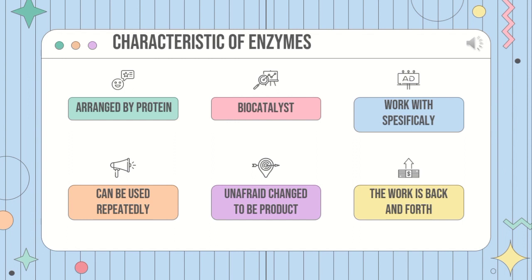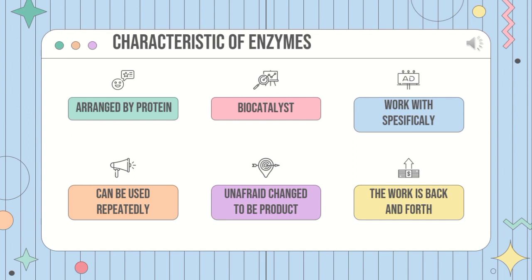Enzymes are specific: a specific enzyme works on a specific substrate to form a product. This is like a lock that has a special key, so they only open one lock. For example, amylase is an enzyme that only works on a substrate in the form of starch.